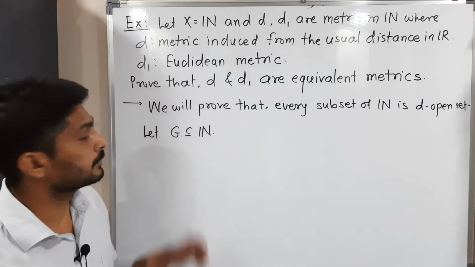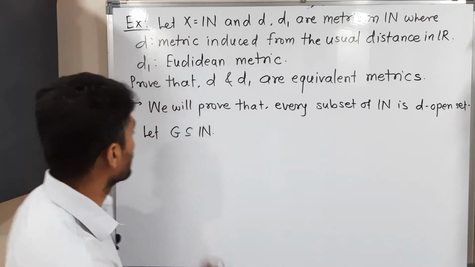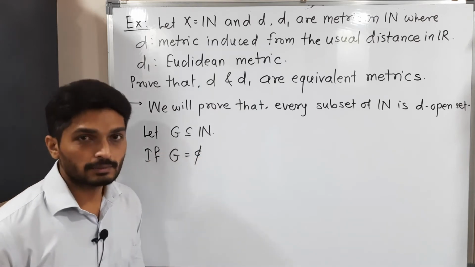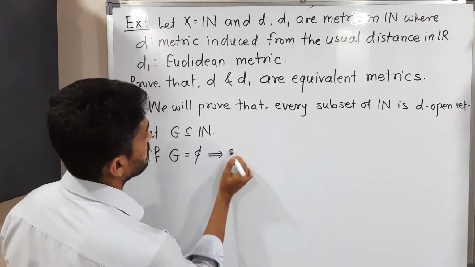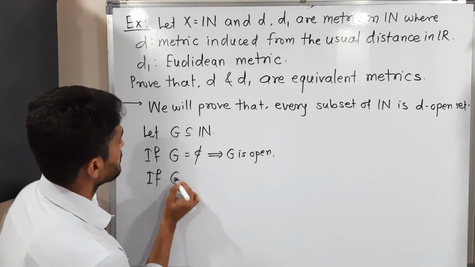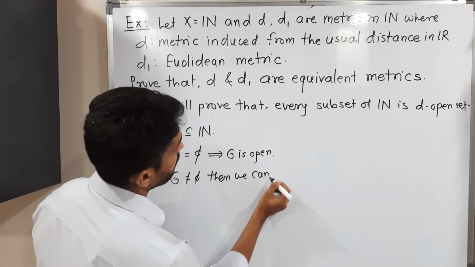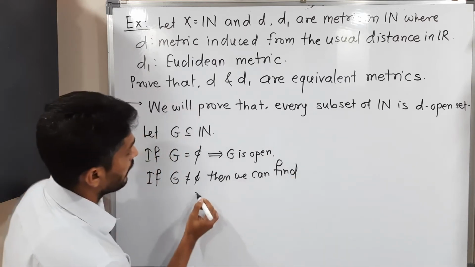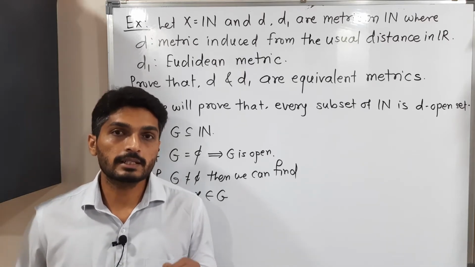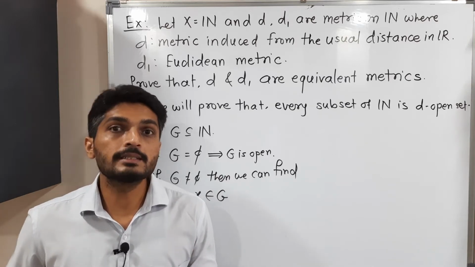I have taken one subset G of N and I am going to prove that it is a d-open set. If G is equal to phi, if G is the empty set, clearly it is open. The second case is G is not equal to phi, then we can find x belongs to G. If it is a non-empty set, definitely we can find some element of G. So see how to prove that any set is open.